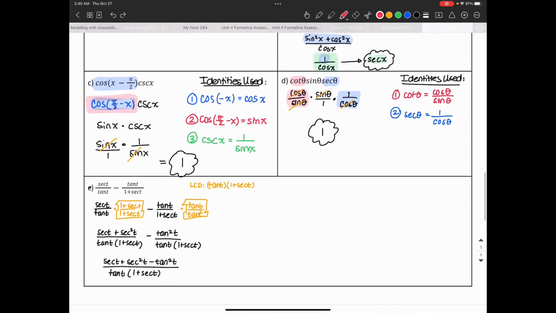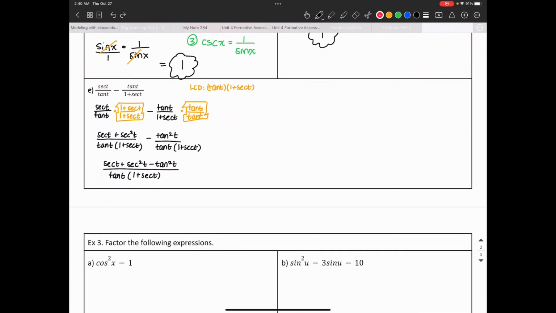If I have those, I could probably rewrite them as one term using a Pythagorean identity. So that identity is the one that says tangent squared of, and I'm going to change the variable to t because that's what I have here, t, plus 1 is equal to secant squared of t.